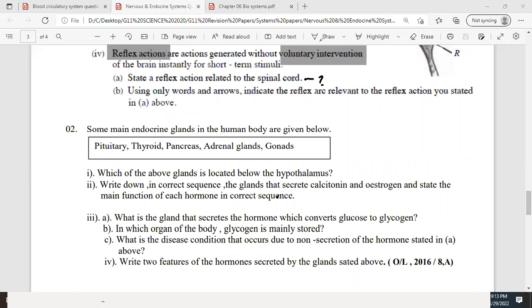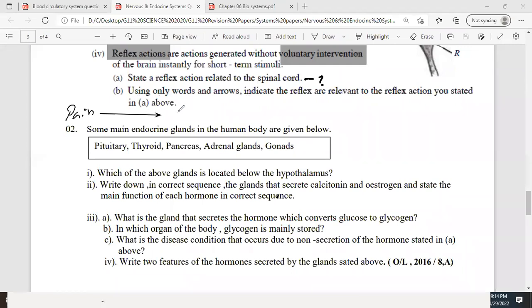So for example, withdrawing the hand when in contact with a hot object, I'll write. You get the heat or the pain, so you can write the pain or the input. Then that is transferred towards the sensory neuron. Using only words and arrows, indicate the reflex arc relevant to the reflex action.